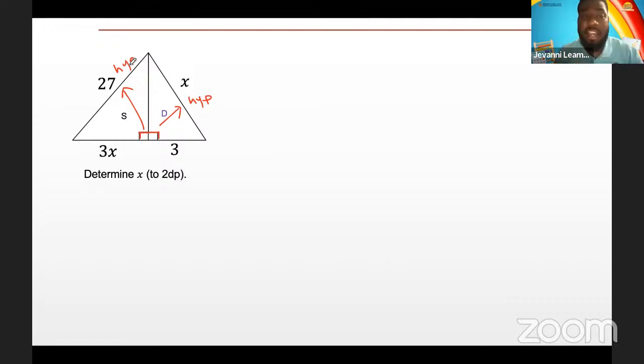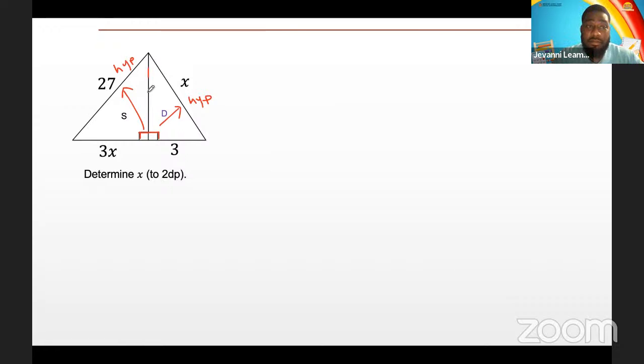So we need to classify those two sides as either A or B, and we need to be consistent about it. We can't have 3x being A and then 3 for the next triangle being B. It must be the same letter in order to proceed to find X and onwards, right?